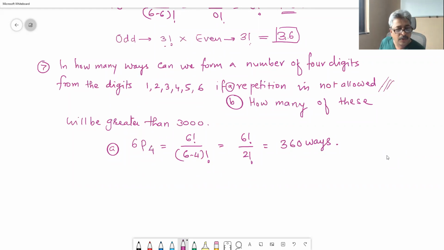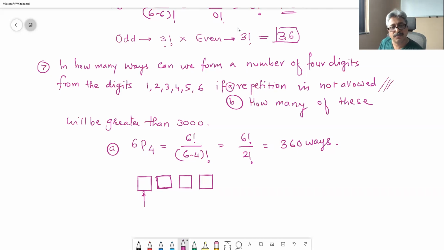Okay, now we have 4 digits and we want the number to be greater than 3000. What is the best way of doing it? If the first place is occupied by 4, 5 or 6, that number is going to be greater anyway.